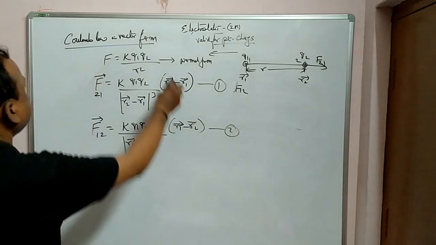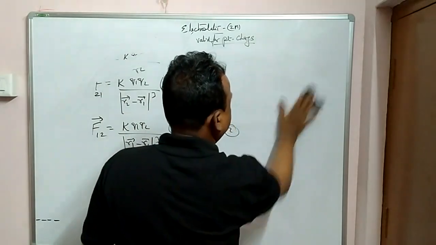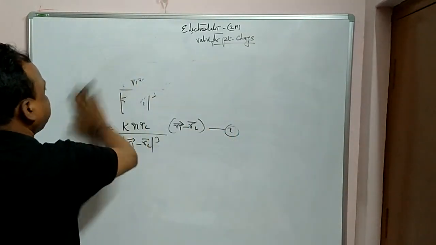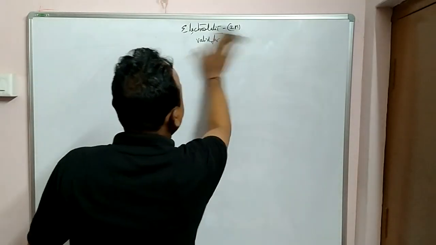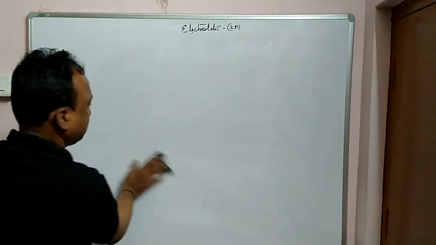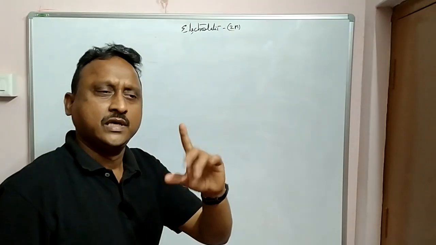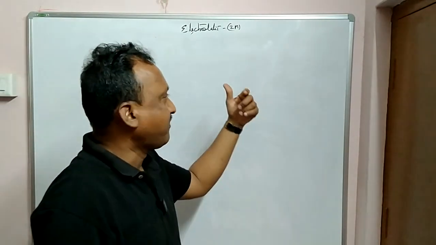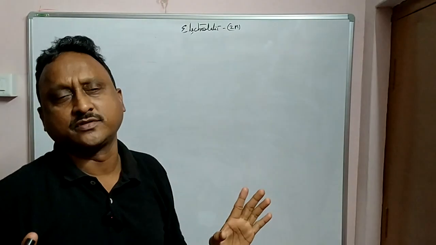Okay, right. Now let us do one small numerical using this Coulomb's law. Let us try a small numerical for Coulomb's law. Just now I told you a small comparison between gravitational force and Coulomb's force. Gravitational force is an attractive force.